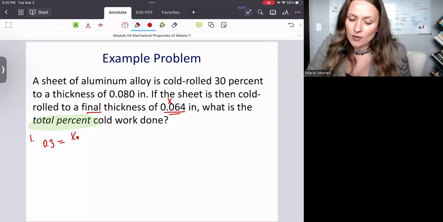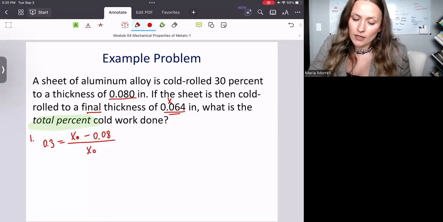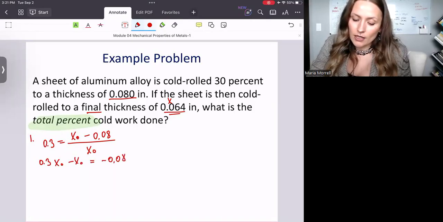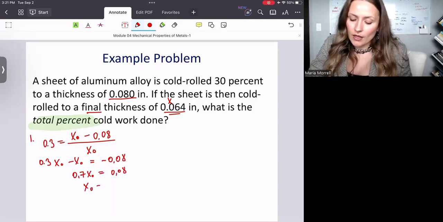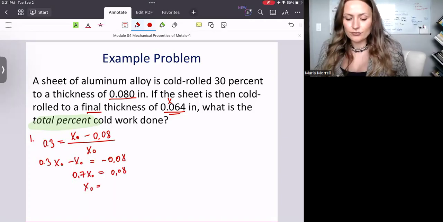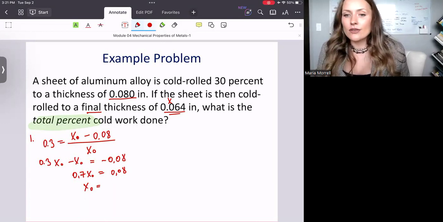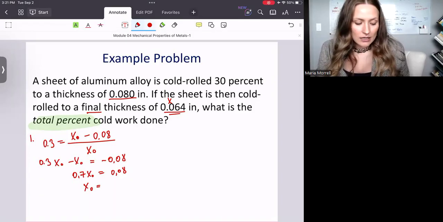So we had some x naught and we arrived at 0.08. So again, 0.3 x naught minus x naught is equal to 0.08. That gives me 0.7 x naught equal to 0.08. My apologies. The initial thickness is going to be 0.08 divided by 0.7.